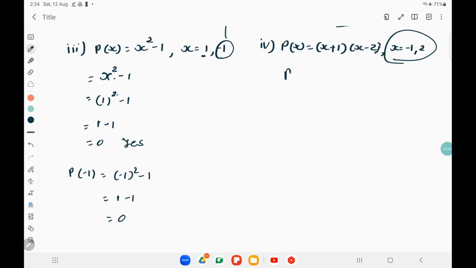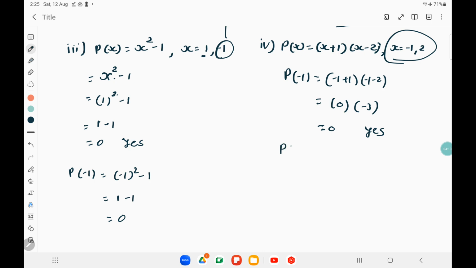So let's take the x value minus 1. So minus 1 plus 1 and minus 1 minus 2. Minus 1 plus 1 becomes 0, and minus 1 minus 2 is minus 3, and when we multiply 0 times minus 3 it becomes 0. So yes, minus 1 is a zero of this given polynomial.